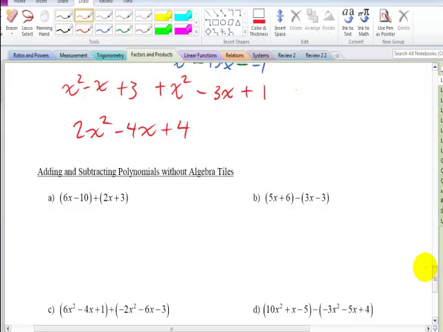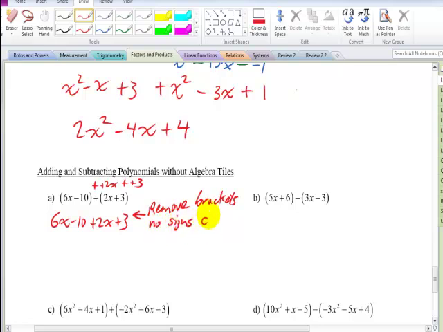Let's go subtracting without algebra tiles. So when you move your brackets for addition, plus positive 2x, plus positive 3, do your signs change at all for addition? No. That's why you can't screw it up. So when you move brackets, no signs change.